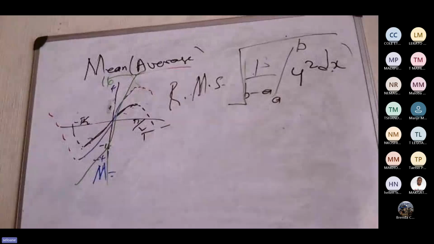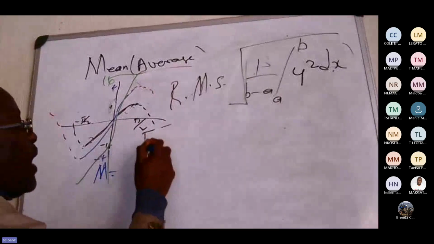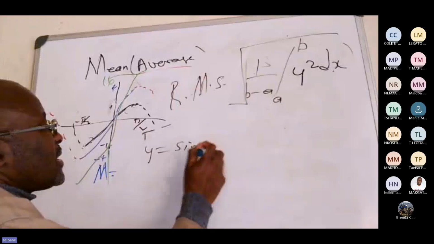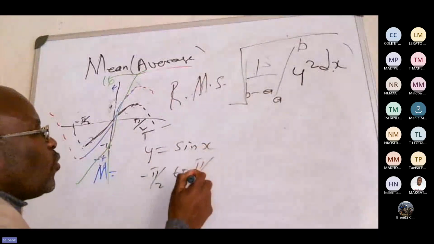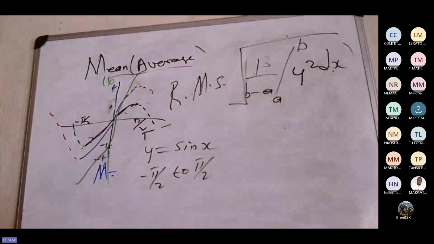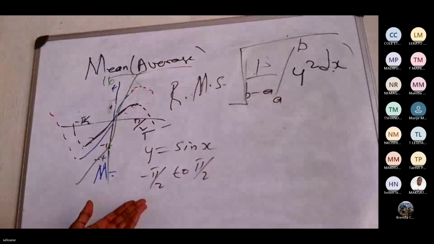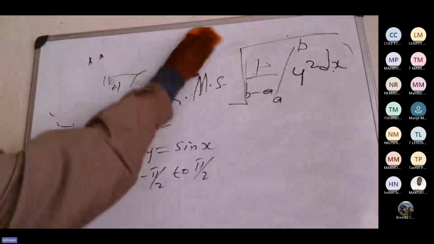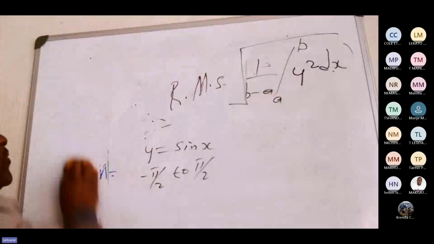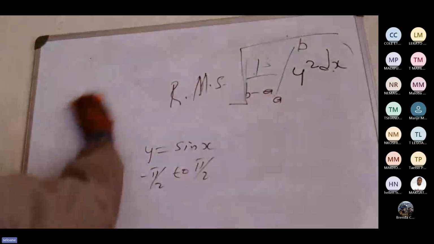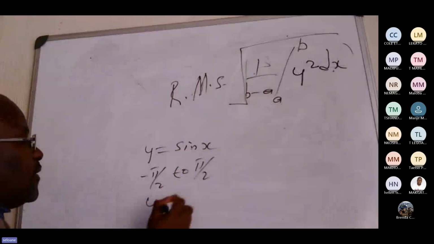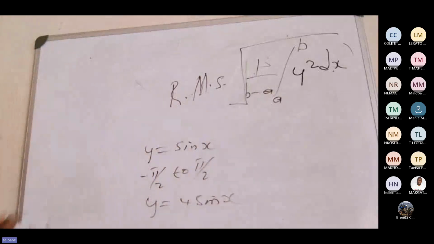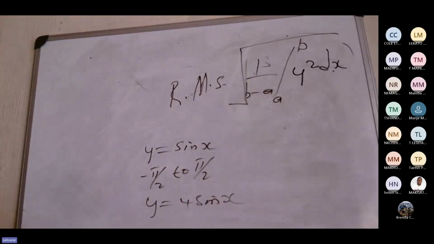Hopefully that makes sense. Then from there, if you have y equal to sine x from minus pi over 2 to pi over 2, what will be the answer now? You are no longer going to have 0. It will now give you a true picture of the average of those numbers, which will differ from finding the average of this from minus pi over 2 to pi over 2.